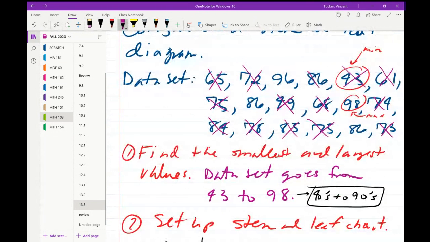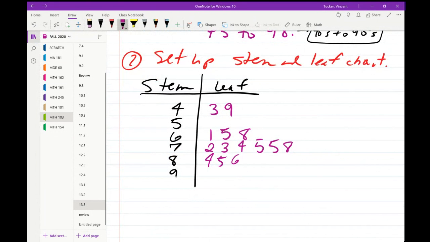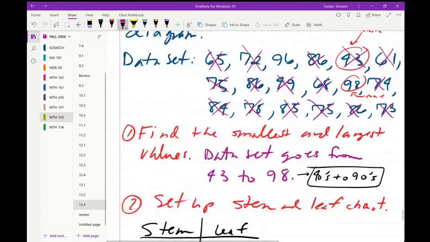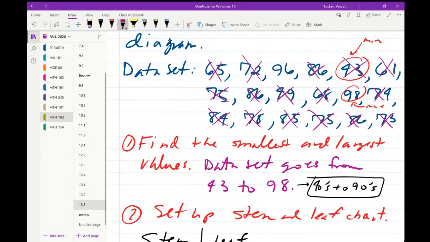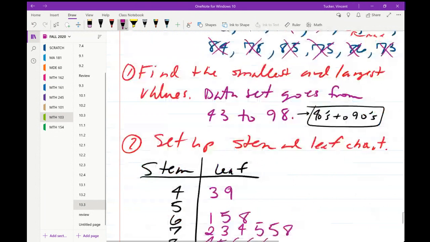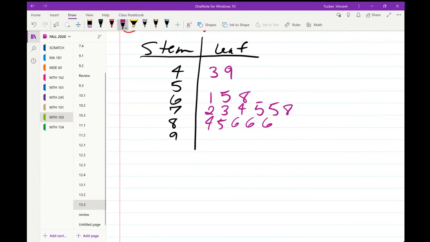Then I see two 86s. And as far as the 90s are concerned, I see a 96 and 98. That's it, and that would be your stem leaf plot.